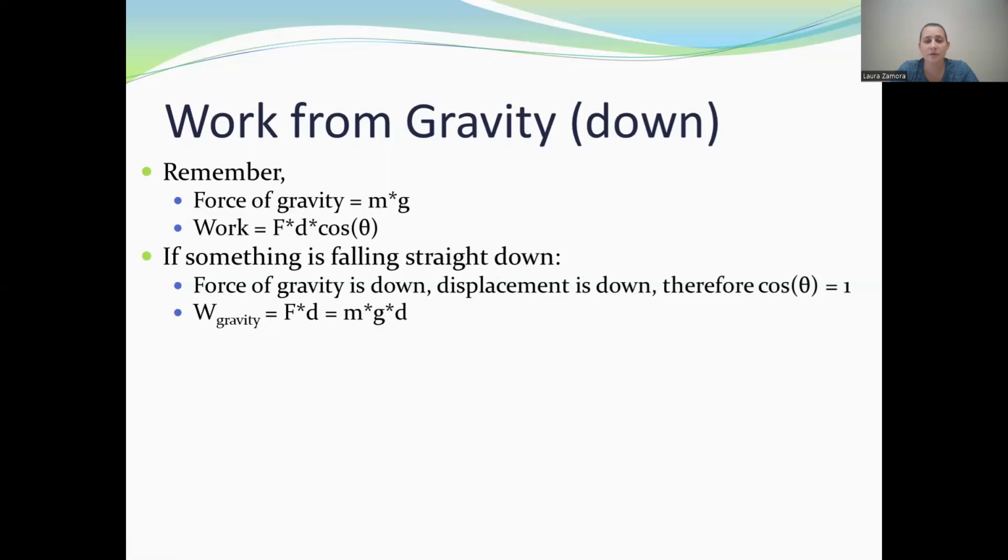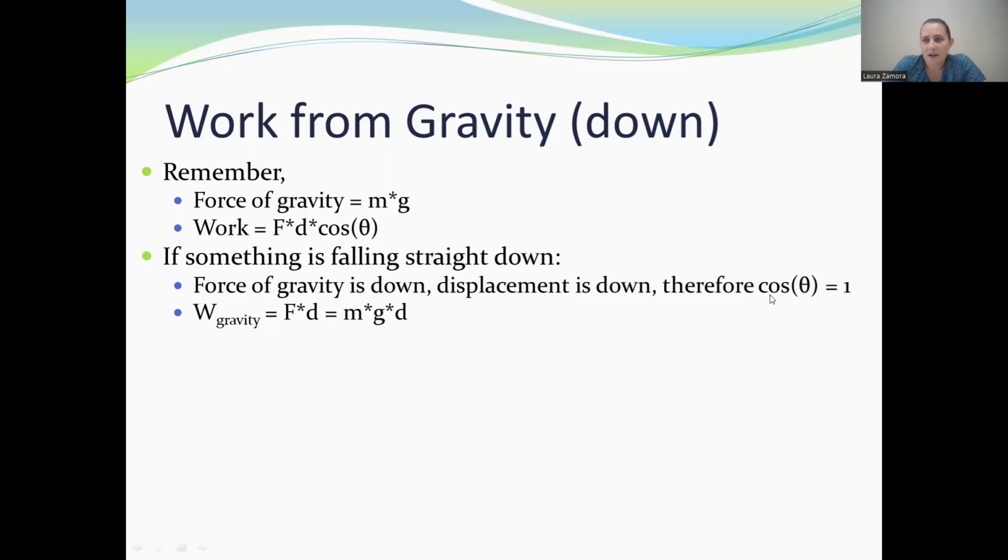Now, if something is falling straight down, as we would expect things to do, the force of gravity is downward, which means displacement is downward. So the angle between the force and the displacement is 0, which means the cosine of the angle is 1. They are in the same direction. All of that force is our parallel force, acting in the direction of the motion.